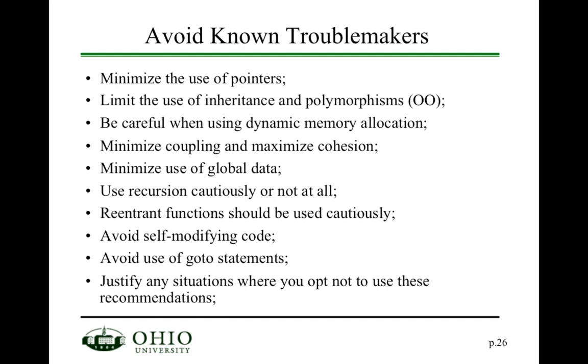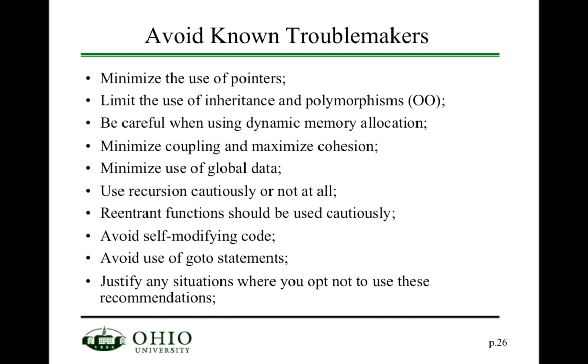Now, a couple of known troublemakers. Pointers. There are always some issues with pointers. There's no way around pointers in some cases, but try to minimize them. Limit the use of inheritance and polymorphism if you use object-oriented programming. Again, I've said this a couple times, be careful with dynamic memory allocations. This is you introducing non-determinism, so that means that something can be allocated without being under complete control.